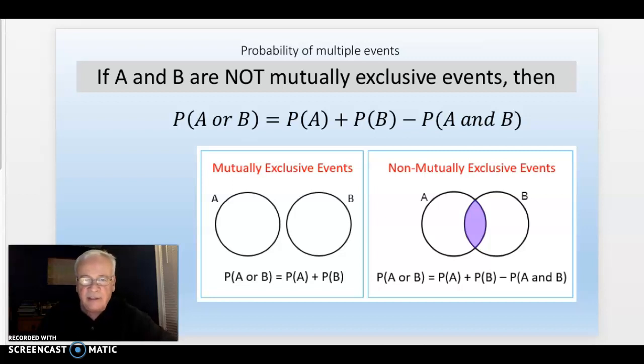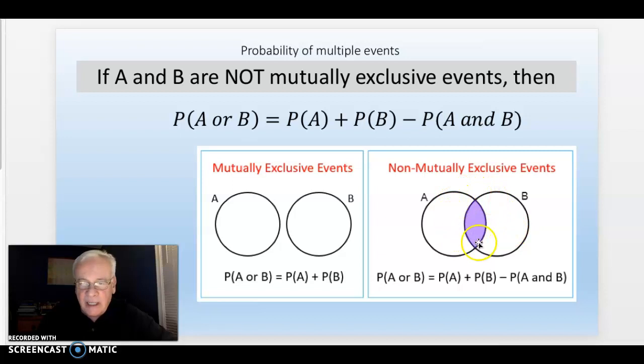Now, sometimes events, they're not mutually exclusive. Right? They can both happen at the same time. So if we want to calculate the probability that either one of them happens, all right, we take the probability that one of them happens, plus the probability that the other one happens. But then you have to subtract the probability that they both happen at once.